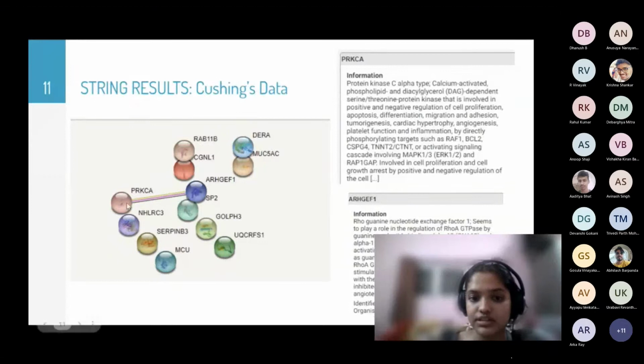These are the 2 proteins: one is ERKCA and the other is ARHGF1. And these are the details that I could find on STRING.